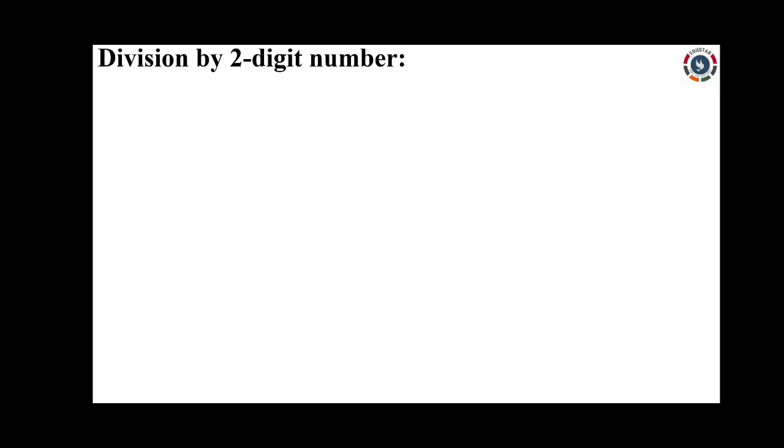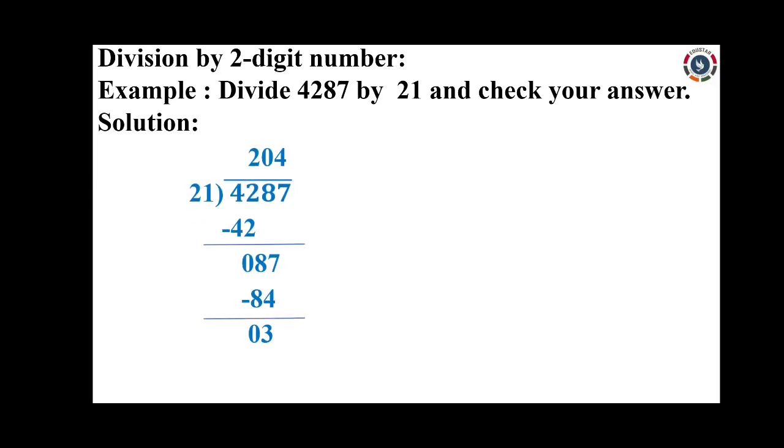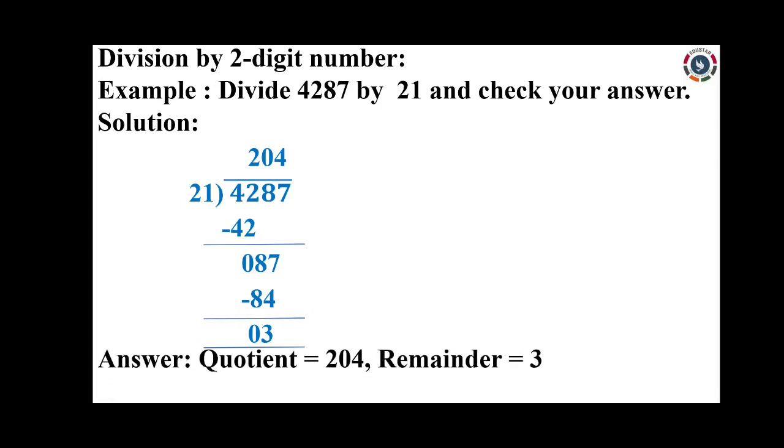Division by 2-digit number. Example, divide 4287 by 21 and check your answer. 4287 is going to be divided by 21. Start to divide from the left side of the dividend. 4.